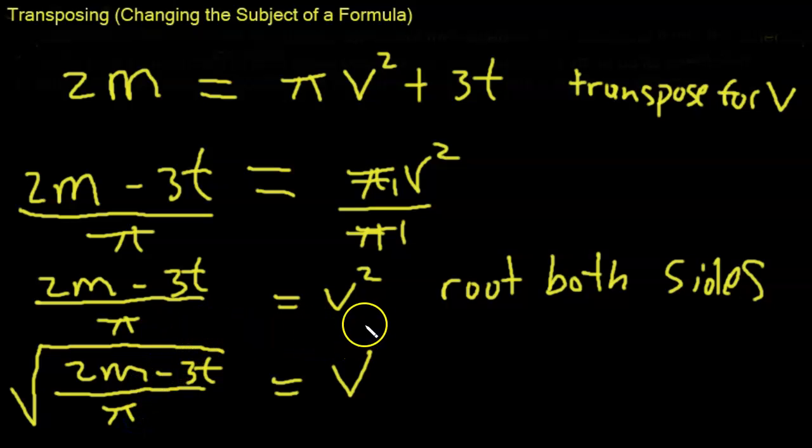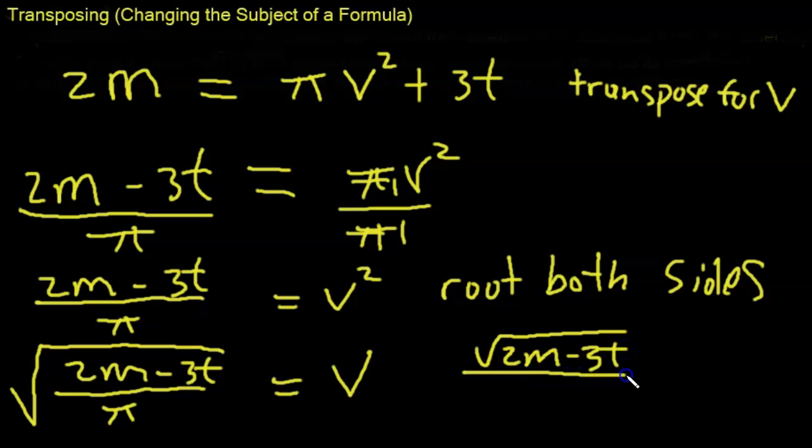One very important thing I need to point out though, when you're writing the solution, this would be incorrect. Alright? That would be incorrect. It's a common mistake students make. The square root is for the entire left hand side there.